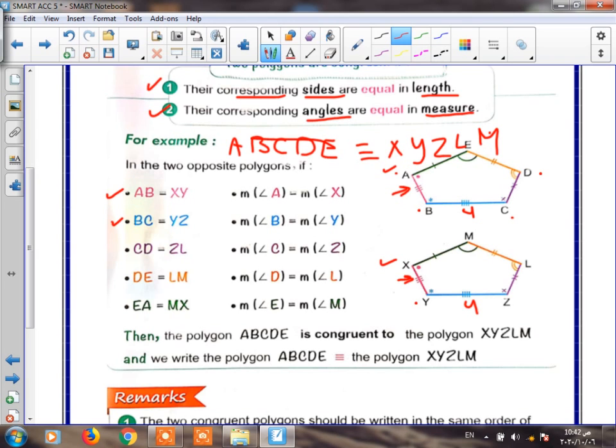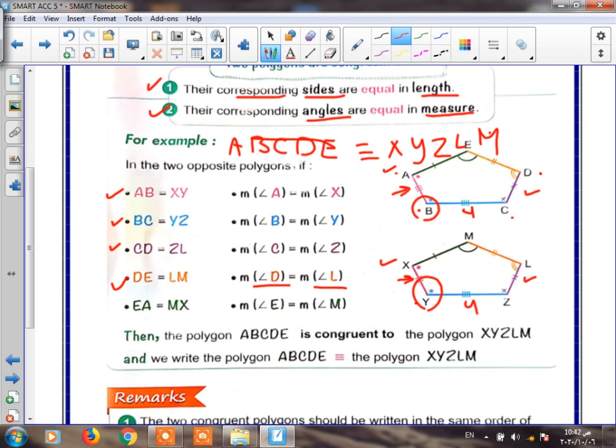And the measure of angle B, the blue angle, equals the measure of angle Y, the blue angle. So these two angles are equal in measure. CD equals ZL, the vertical one. The measure of angle C equals the measure of angle Z. DE equals LM, and the measure of angle D equals the measure of angle L, the red one.